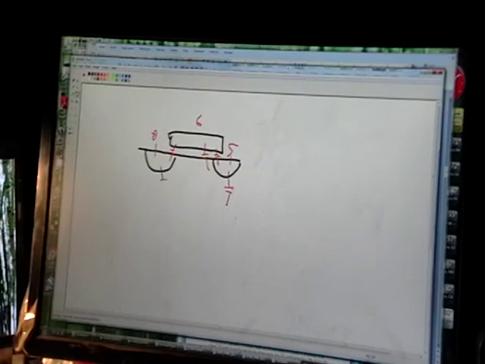Remembering this diagram right here will help you the most with these kinds of questions. Okay, so that's supposed to be a G.